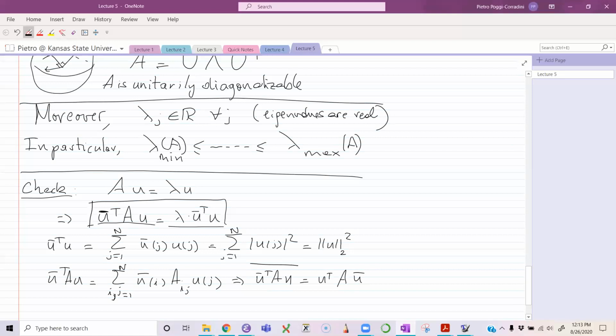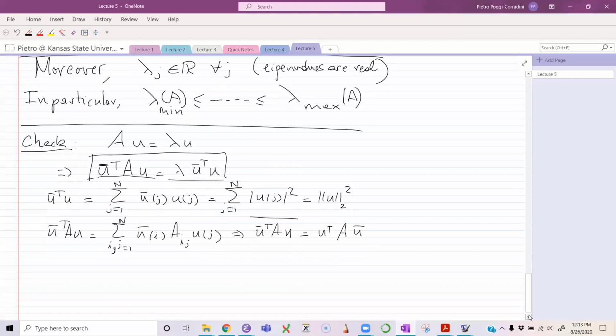Right, so if we take the conjugate here of both sides, we get that U bar transpose AU minus U transpose AU bar is going to be equal to lambda U bar transpose U minus lambda bar U bar transpose U. We don't have to take the conjugate of this norm because it is a non-negative number, and the conjugate of a real number is the number itself.